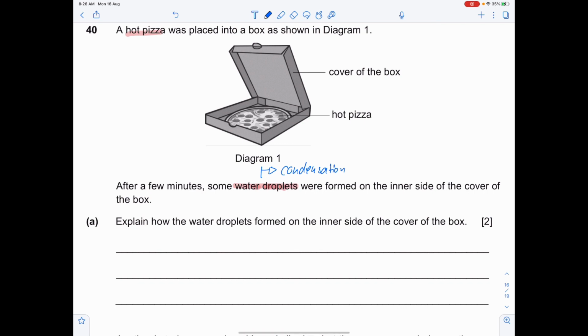Beaker N should lose heat slower because it's got less surface area, as compared to beaker M, which has more surface area. Less surface area means rate of heat loss should be less. Whereas for the other side, more exposed surface area means that my rate of heat loss should increase.